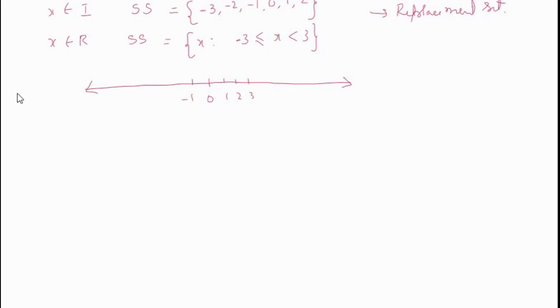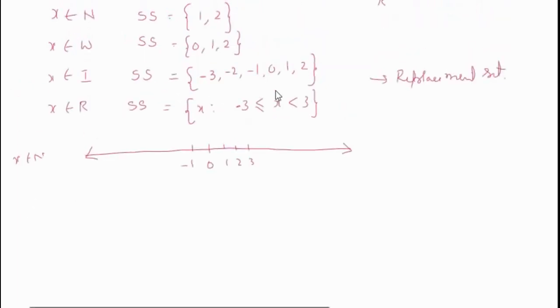This is for the first case when x belongs to N. The solution set is 1 and 2. How to represent? You mark dark circles at 1 and 2. This means that the solution set when x belongs to natural numbers is 1 and 2. You need to have one more number represented on the right side as well as on the left side.